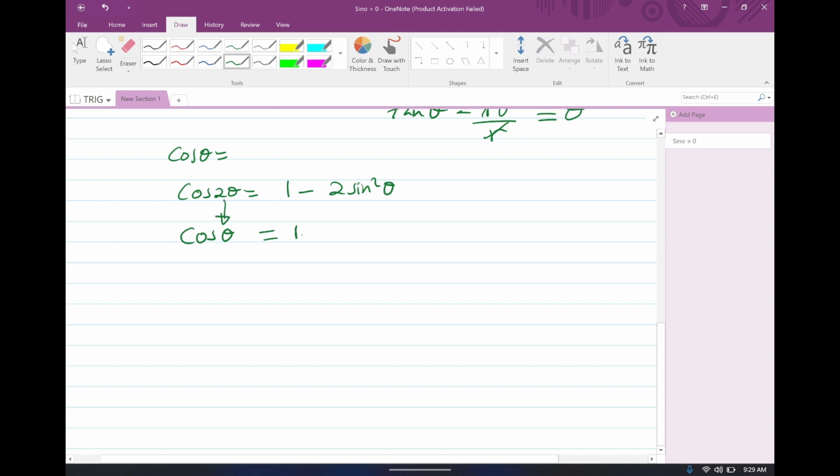So if we're halving the argument, the argument of the sine must also be halved. I'm going to have a half theta. And so we're going to have 1 minus 2 into bracket sine a half theta squared.